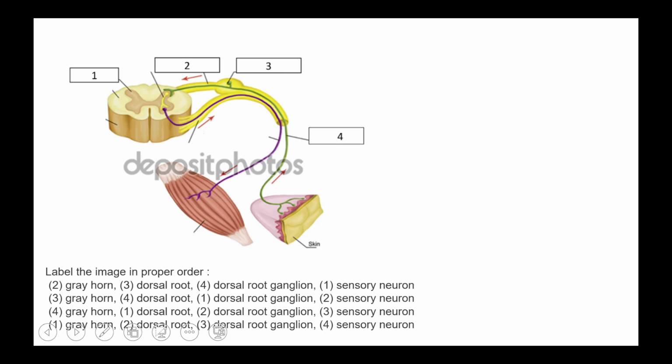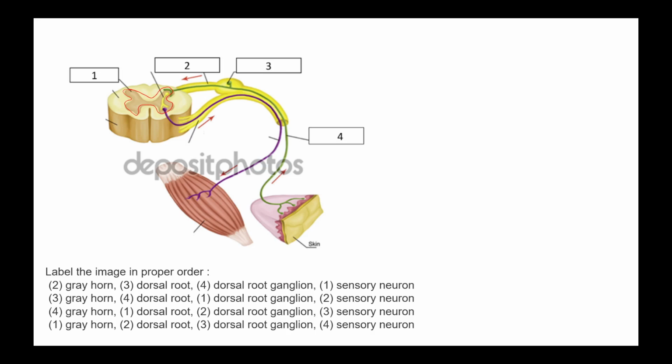So this is a motor neuron connecting to the skeletal muscle. This also you can do, you can tell me. The first, this is a section of the spinal cord. In this section of the spinal cord we have the gray horn, the gray matter. First one is the gray horn.